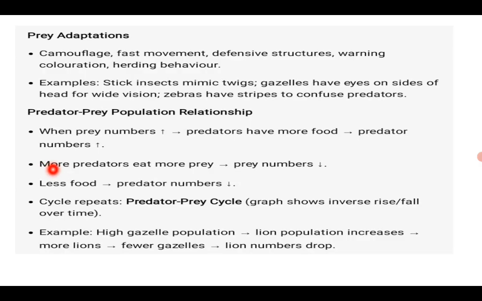And when there are more predators, it means there's going to be demand for more food. When the number of predators increases in an ecosystem, there is going to be a need for more prey. What is going to happen is that the number of prey is going to decrease. The food, the animals to be eaten, will decrease because the eaters are more than the prey. So less food would mean a decrease in the number of predators.